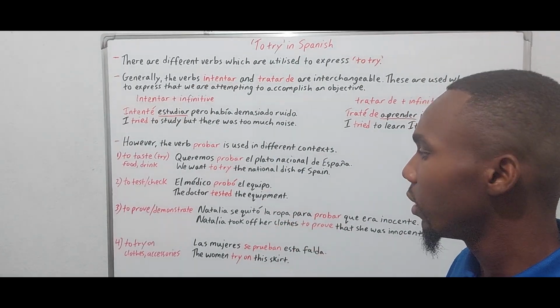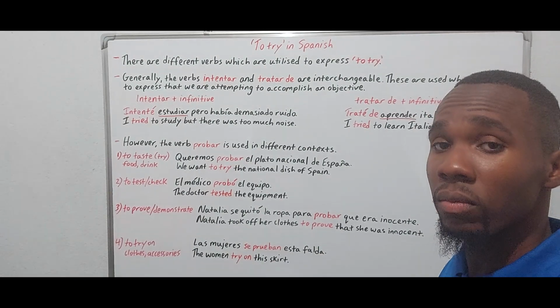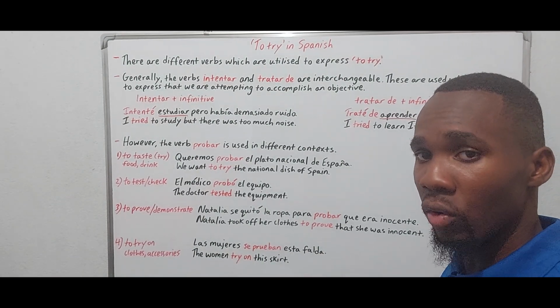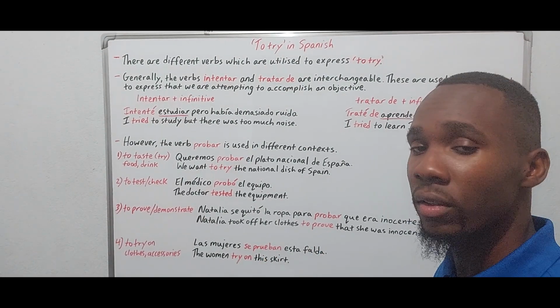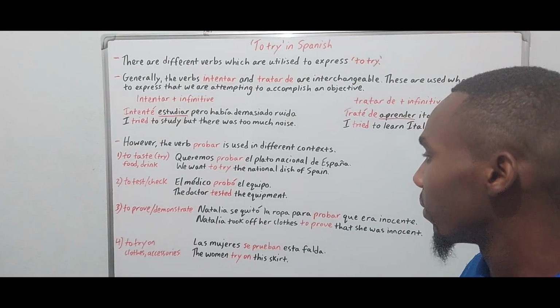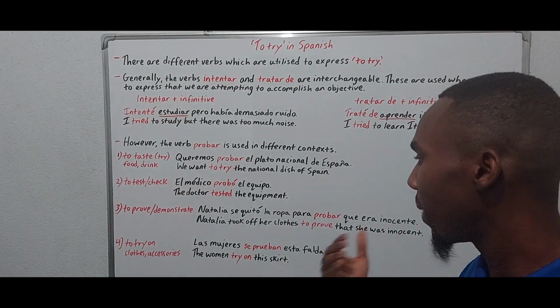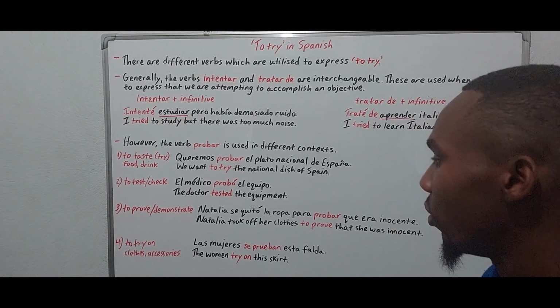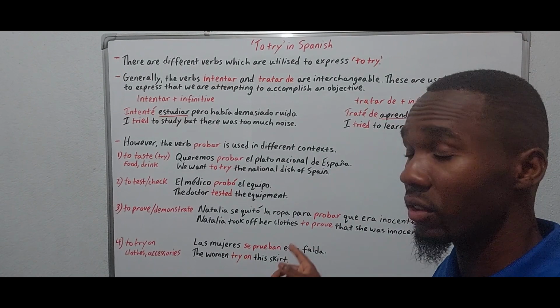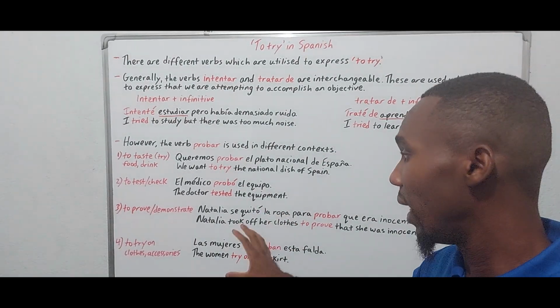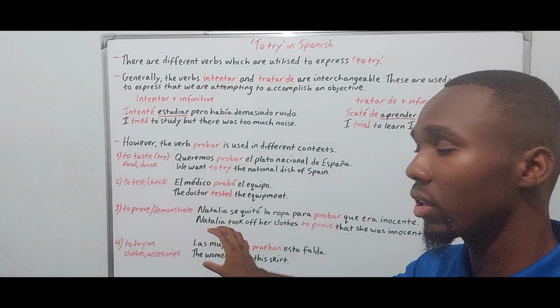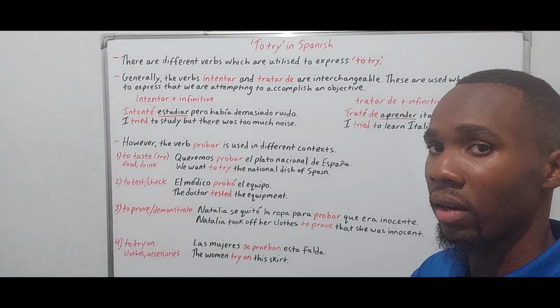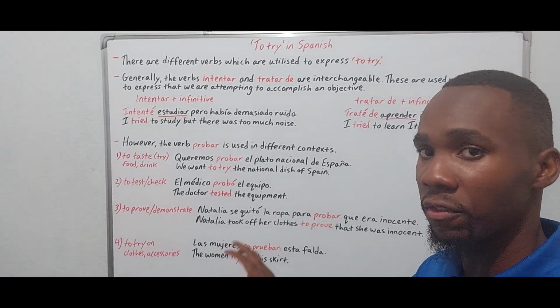And 4, to try on like clothes or accessories, right? Las mujeres se prueban esta falda. The women try on this skirt. And you would notice that there's a difference here. In this particular context, probar is used as a reflexive verb.